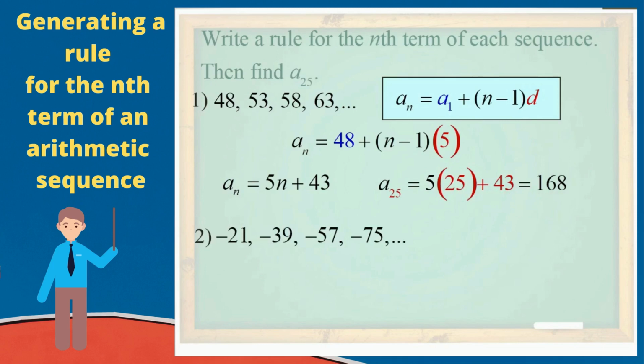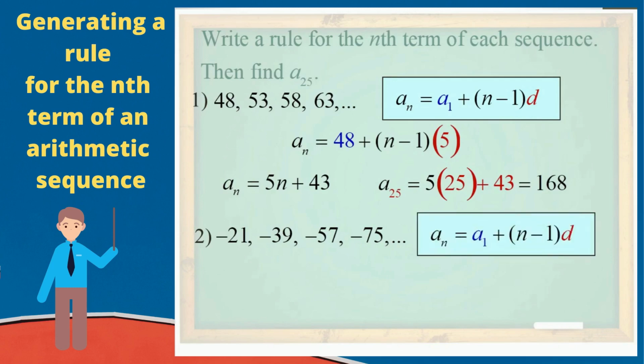Number 2, we have a sequence negative 21, negative 39, negative 57, negative 75, and so on. Again, write first the rule for the nth term for each of these sequences. So substitute the value of a sub 1 and the value of the common difference.